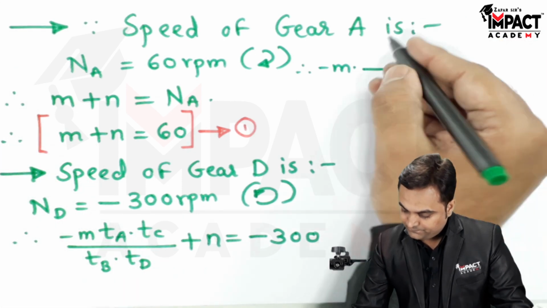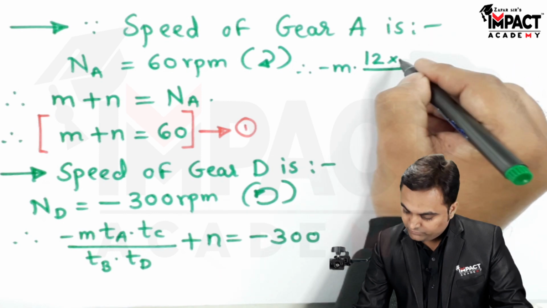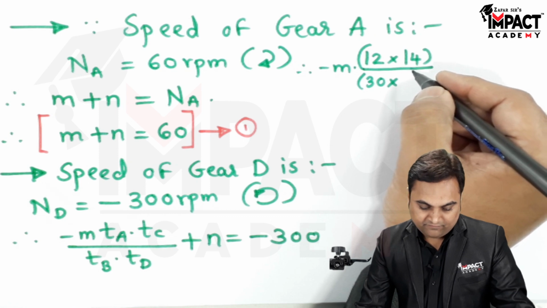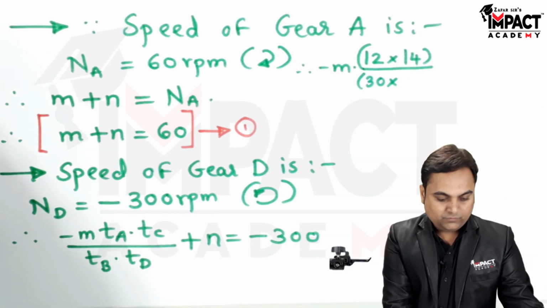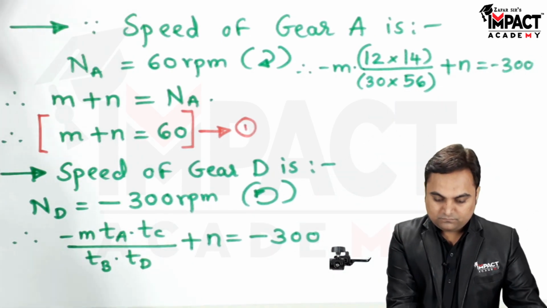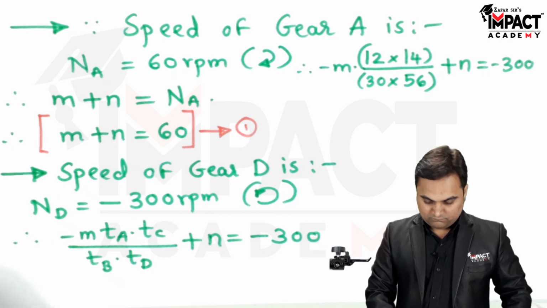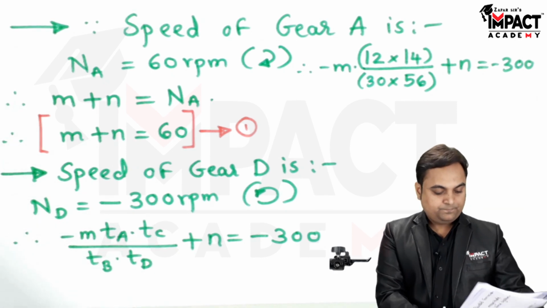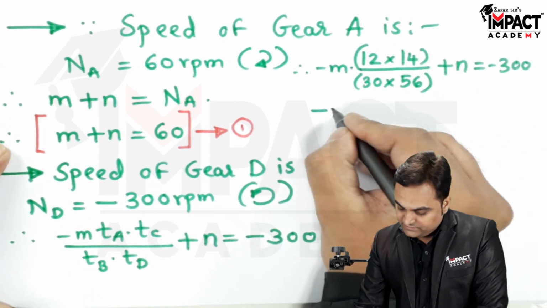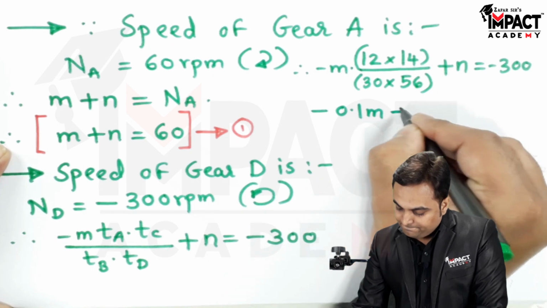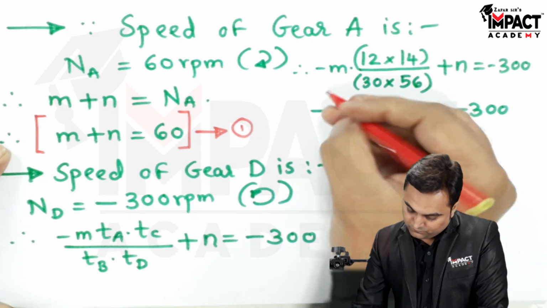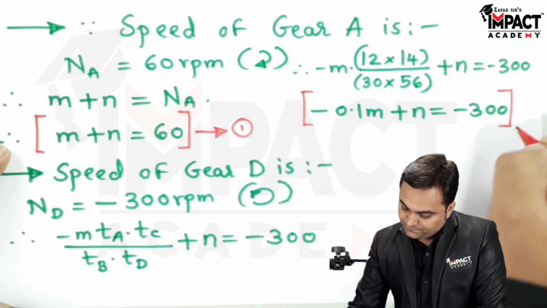TA is 12, TC 14, TB is 30, TD we have found out, it was 56. So when I calculate this term, the coefficient comes out to be minus 0.1, m plus n is equal to minus 300. That becomes the second equation.